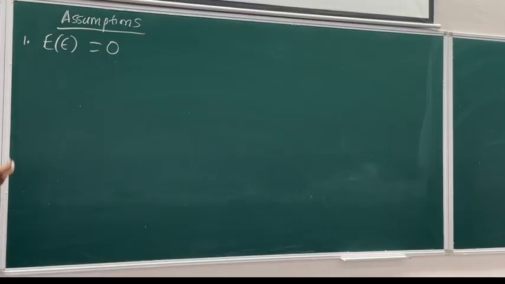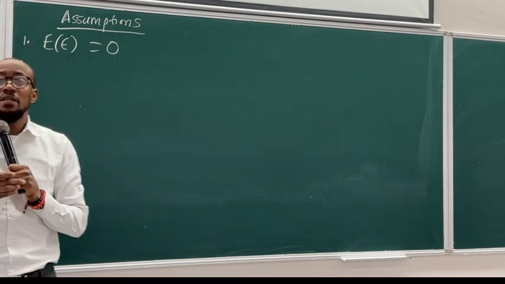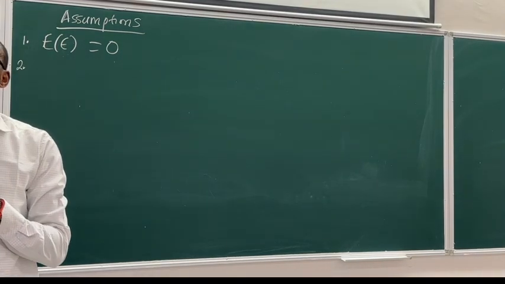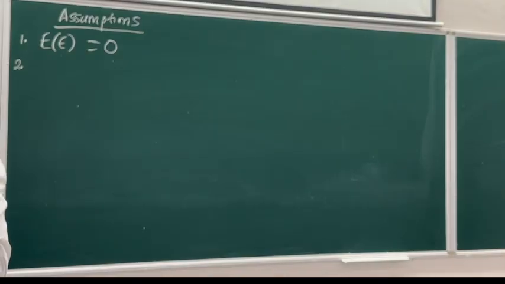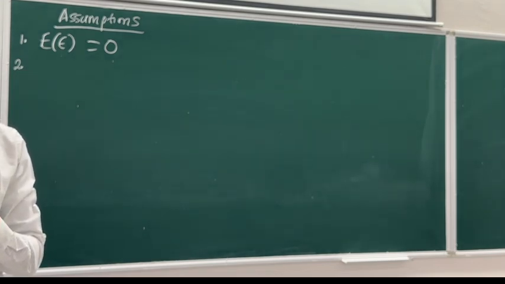The second assumption we make is that the error term has equal variance. The variances of the error is what? Is equal.